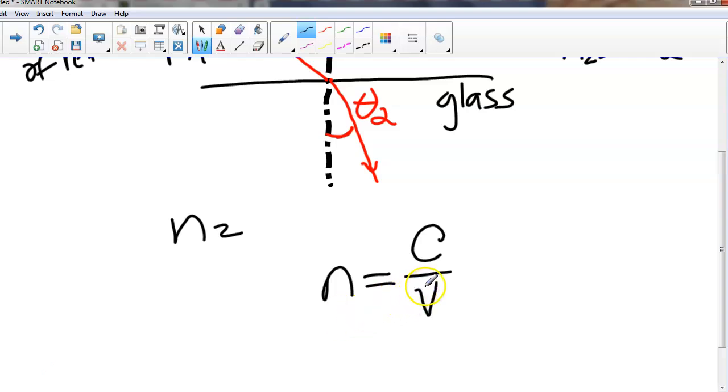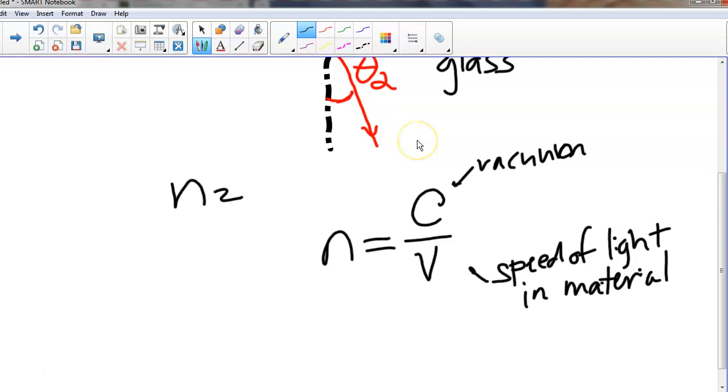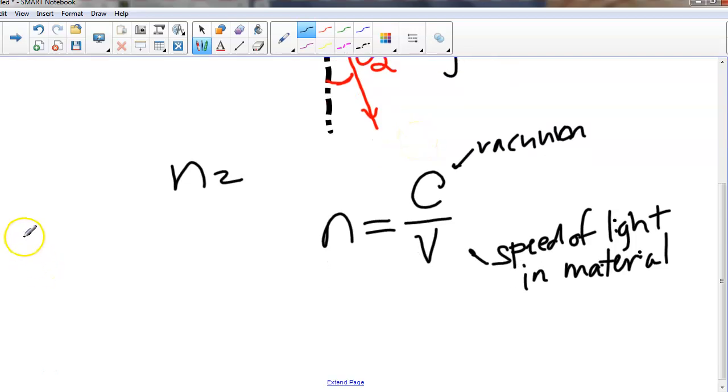So the index of refraction is the ratio of the speed of light in vacuum, so we use the regular old c, speed of light in vacuum, versus the speed of light, v, in the material, whatever that material is. So I want you to notice here that n of air, we said was 1, right? So n of a vacuum, or air, equals 1 because the speed of light doesn't change.